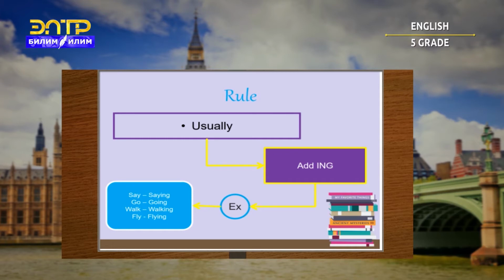But sometimes we have to change the word a little, depending on the endings each verb may have. Here are the rules to help you know how to spell the present continuous tense. For example, say, saying, go, going, walk, walking, fly, flying.